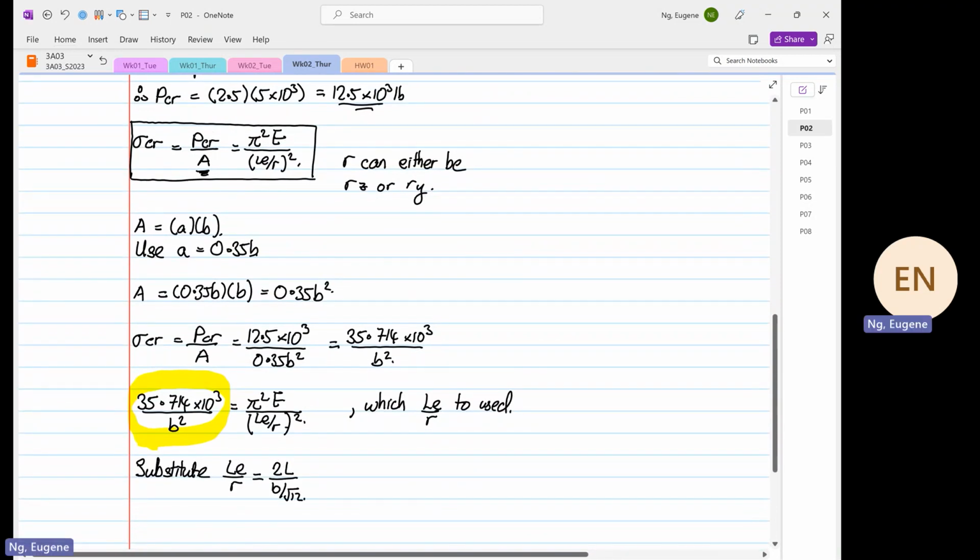So if I were to rewrite, this is equal to 2L square root 12 divided by b.